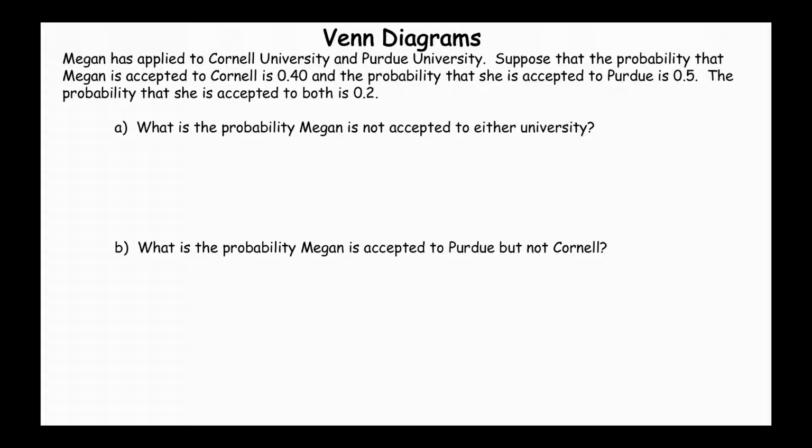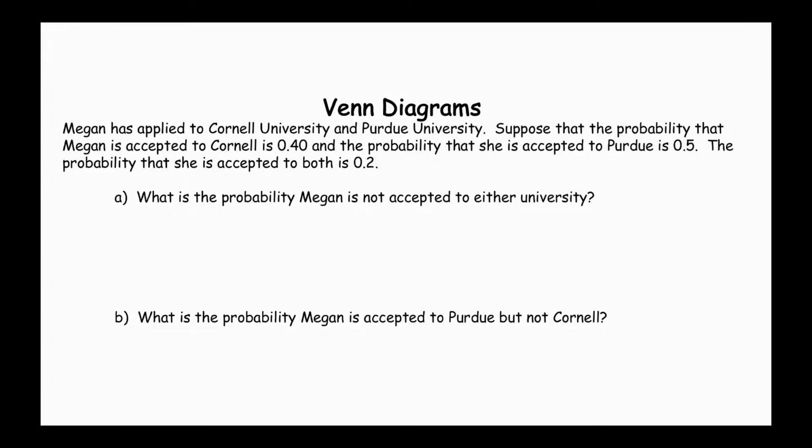And then we get to answer some questions. So I would do a Venn diagram for this problem because we have one event, another event, and then they told us the probability of both of them happening. So in my head, I'm seeing one circle for Cornell, one circle for Purdue, and then they overlap in the middle. That's why I would use a Venn diagram for this problem.